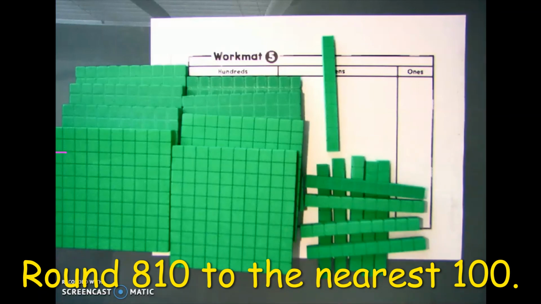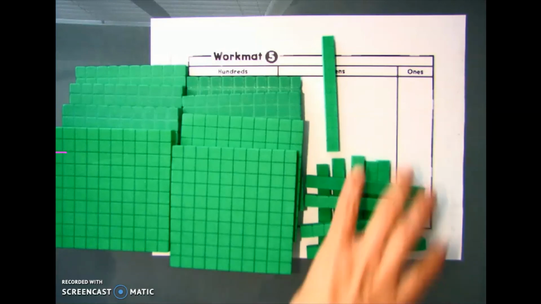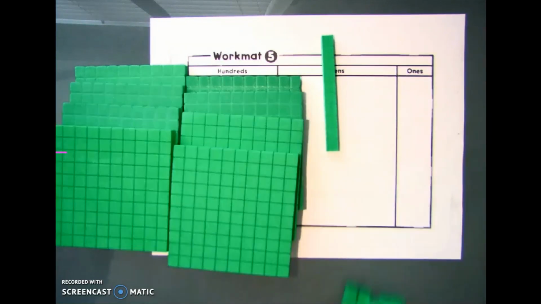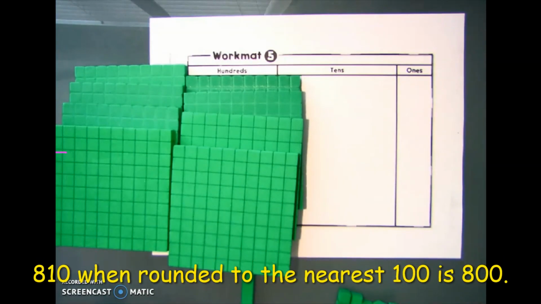So I had to add 9 more tens to the board. So when I look at what move was the least amount that I needed to add or subtract, it was when I went back to 810 and just subtracted 10. 810 when rounded to the nearest 100 is 800.